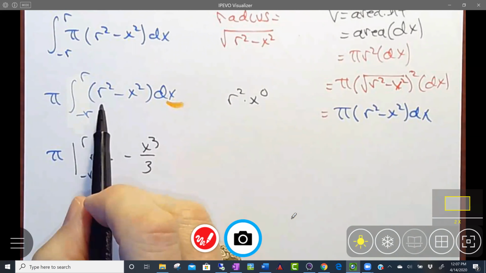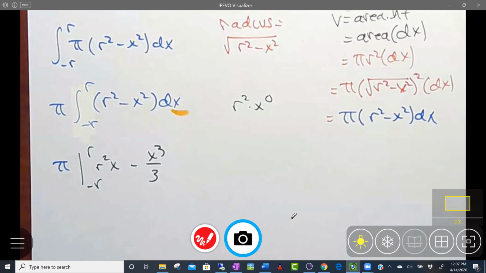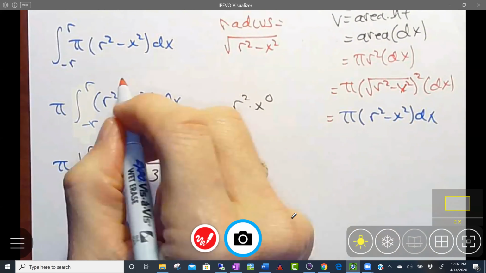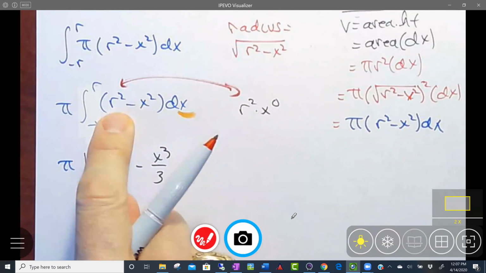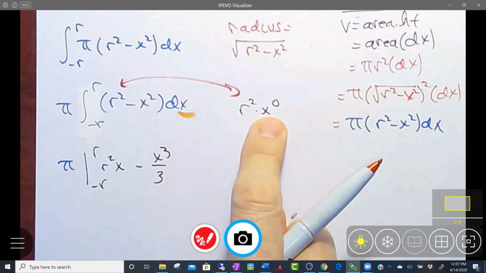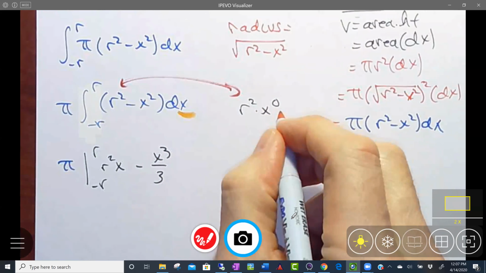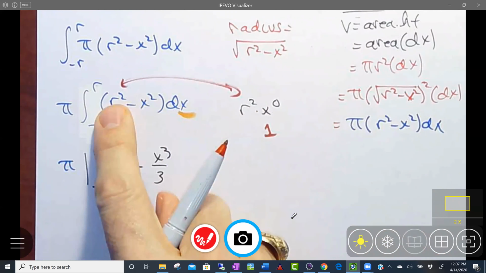So I'll pause here for a second. Hey, Jeff. Yes. How did you get the x next to the r squared? Did you distribute the integral? What I'm going to do is think of the r squared as r squared times x to the 0 power, right? Because x to the 0 power is 1, so 1 times r squared is still r squared.